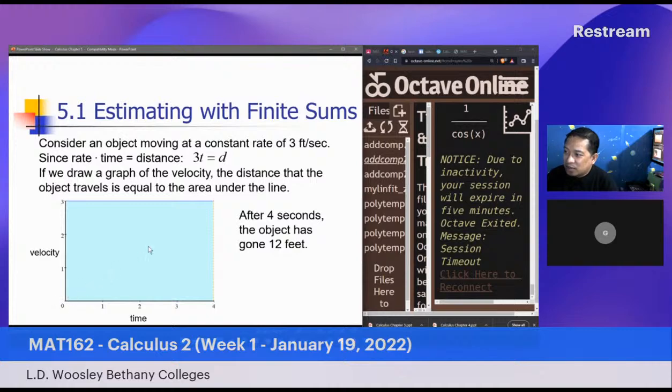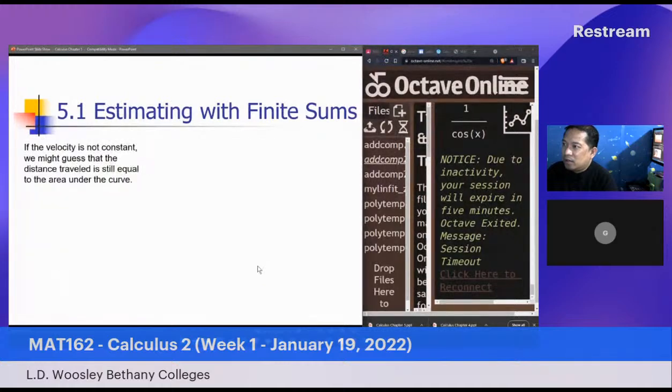Pag ganun, direct proportional. Ibig sabihin, velocity continuously varying with respect to time. But for this, regardless of the time, constant ang velocity. So that's constant velocity, no acceleration. Wala siyang acceleration kasi constant lang yung tulin niya. Hindi siya nagmamadali, hindi siya bumibilis. So after 4 seconds, the object has gone 4 feet. Solving for distance. So this is just an illustration of a constant.